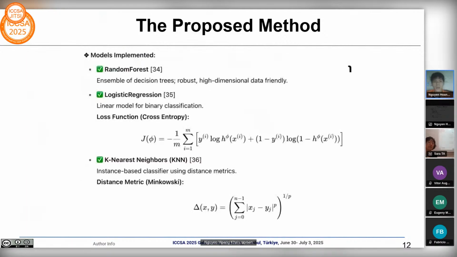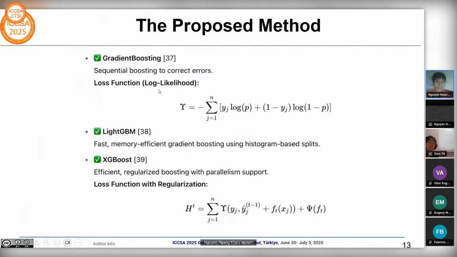In the model implementation, we have random forest and logistic regression with their loss function as in this formula, and K-neighbor has a decision metric with its formula. Gradient boosting also has a loss function with a formula. LightGBM and XGBoost have loss functions with regularization.